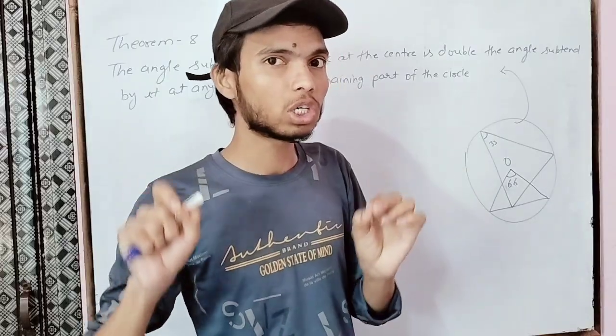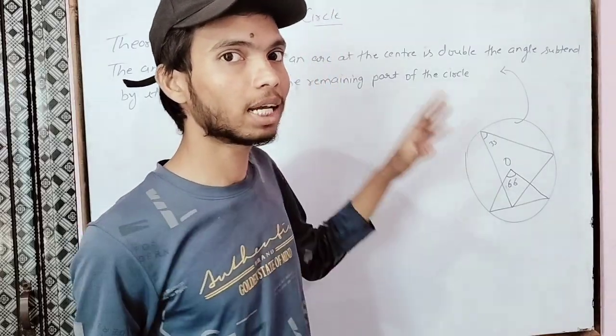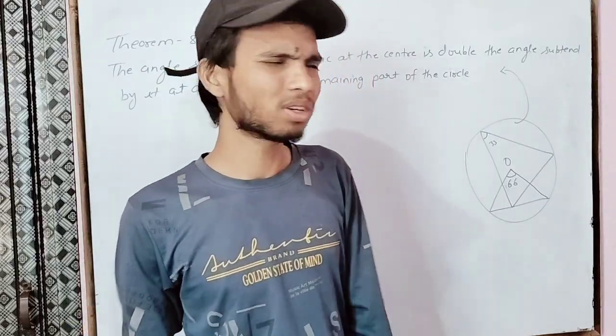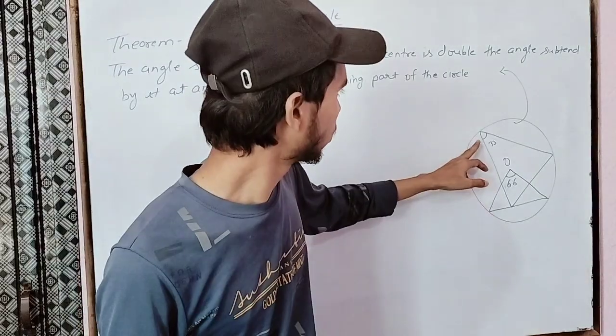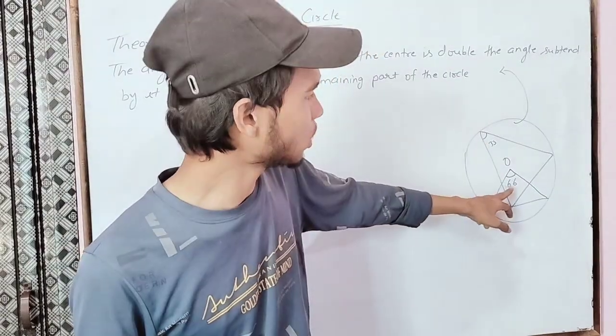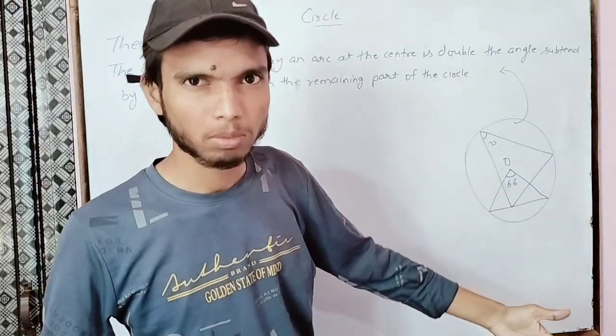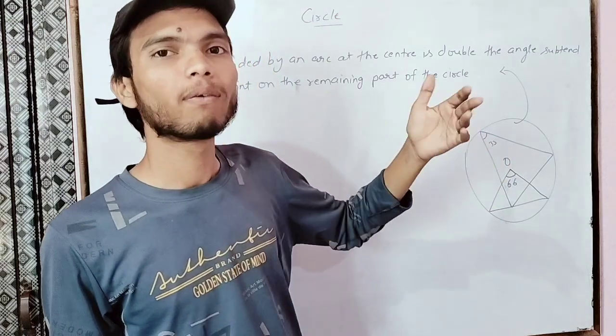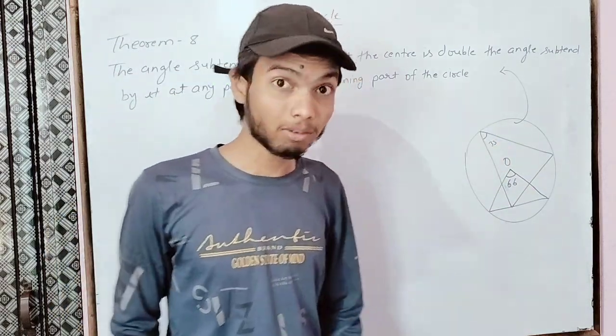This is a universal truth. That's why we take theorems. A theorem tells us a truthful concept. So what is the truth? If this is making 106, then of course this will make 58. Half.